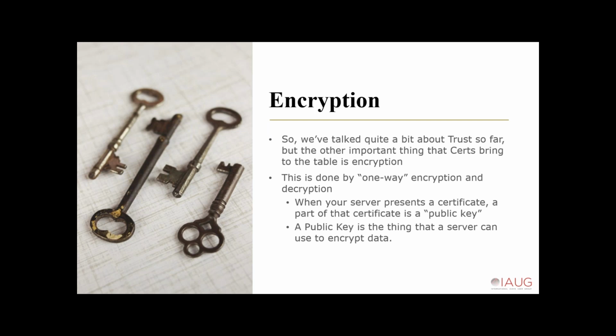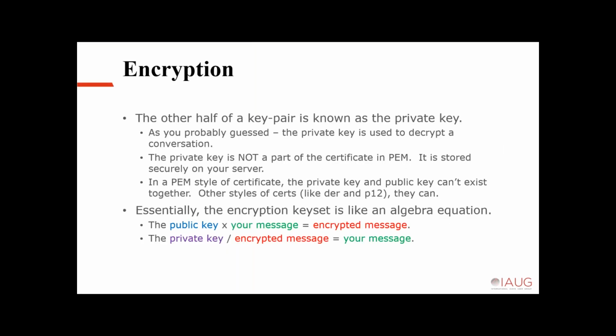The public key essentially is used by a client to encrypt data. The other half of the key pair that exists out there is known as a private key. As you probably guessed, that private key is used to decrypt the conversation. So a public key encrypts it, a private key decrypts it.